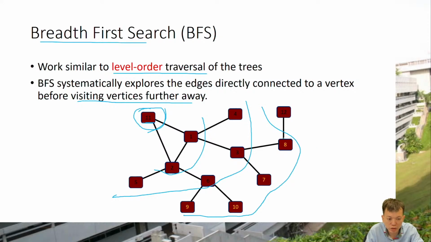After that, you visit the vertices 3 edges away from 11, which are 8, 7, 10, and 9. Then the last one, this guy, 12. Indirectly, this also tells you that from 11 to 12 is the furthest path you can go: 1, 2, 3, 4 edges.